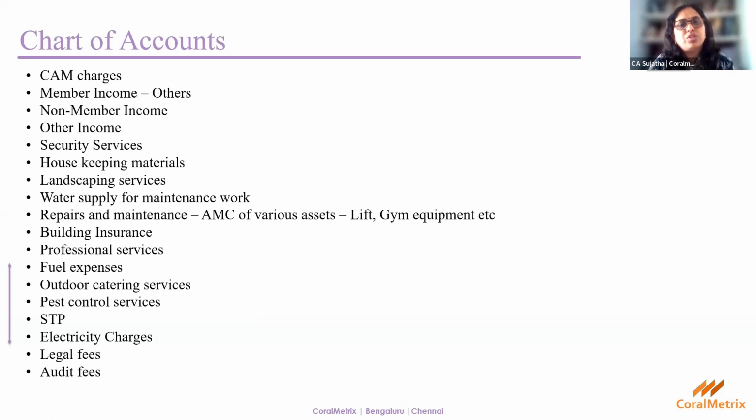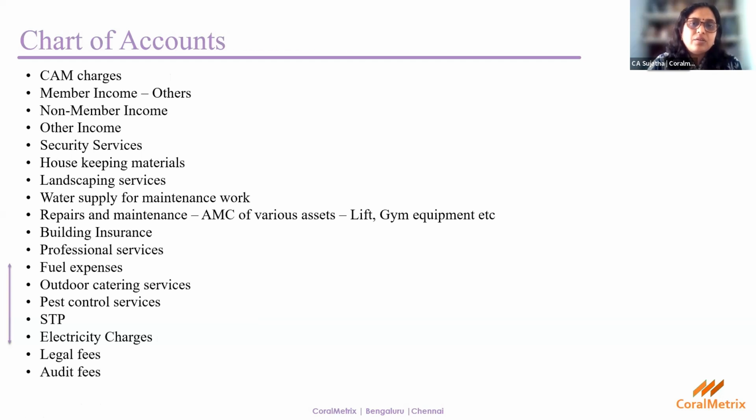Then when it comes to the chart of accounts, it is always better to have the chart of accounts designed upfront so that in future no new ledgers are created by the accounting team.